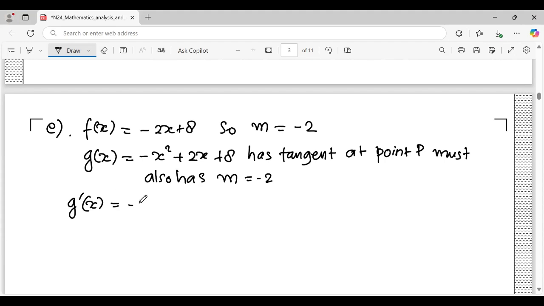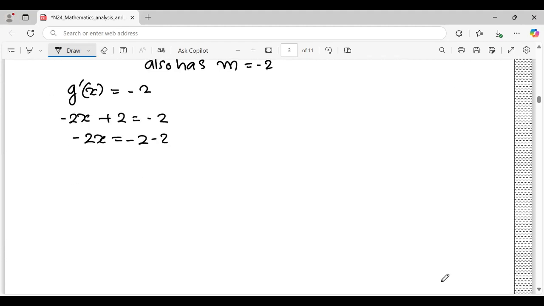The derivative of gx is minus 2x plus 2, and it equals minus 2. Minus 2x equals minus 2 minus 2. Okay, and then minus 2x equals minus 4. So x equals 2.